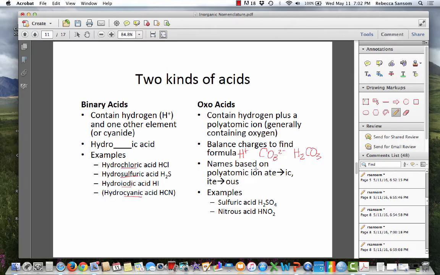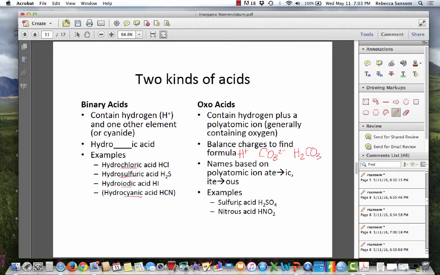The names are based on the name of the polyatomic ion. If the polyatomic ion ends in ate, it becomes ic. If it ends in ite, it becomes us. I like to remember this like attic-itis, like your attic is swollen. Then you can remember that ate turns into ic and ite turns into us.